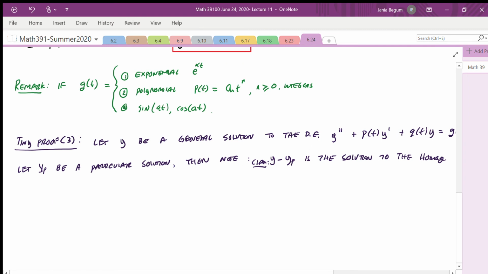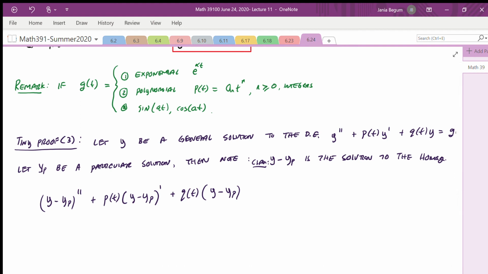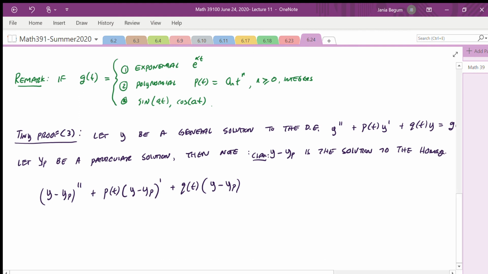So we have y minus yp to the second derivative plus p of t times y minus yp to the first derivative plus q of t times y minus yp is equal to, let's hold on to the equal sign, g of t. So if I do that, what do I have? Differentiation is linear, so I can differentiate each term and then group them this way.